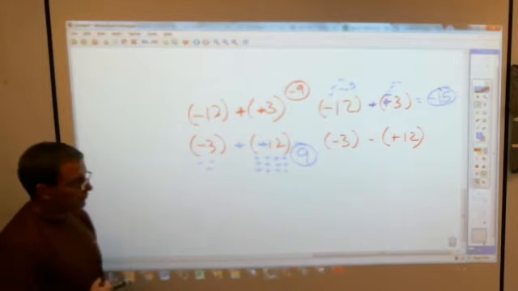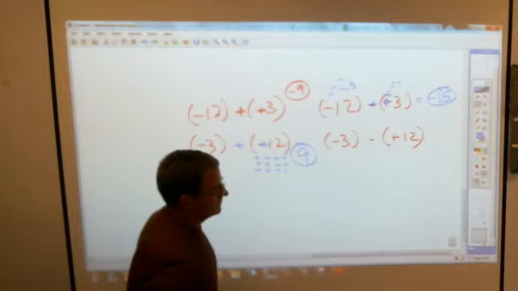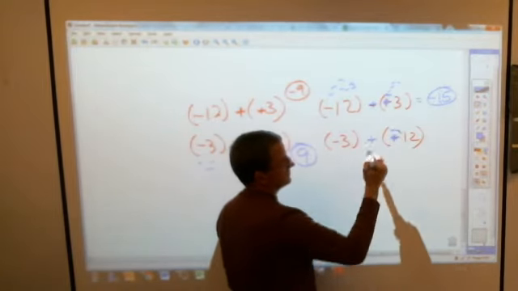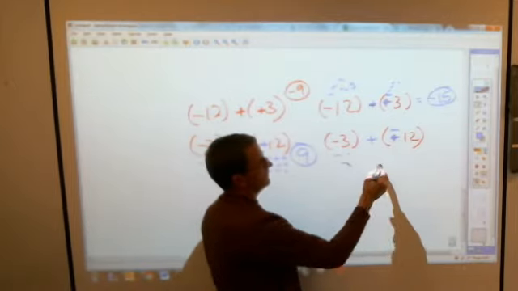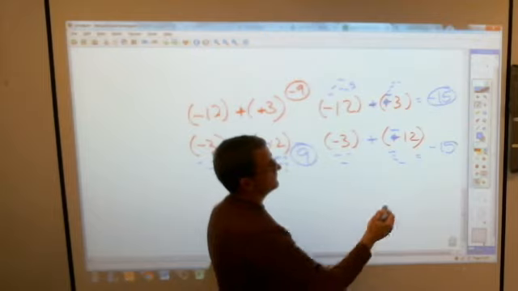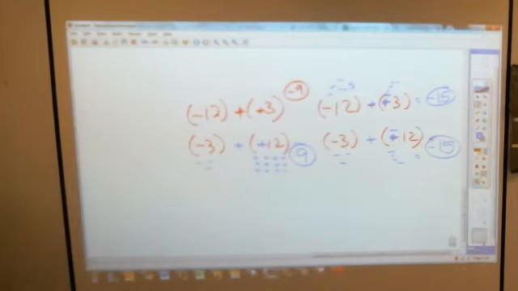And the last one, Joseph says negative 15. Did you change this to a plus and make this a minus? Yes. 3 negatives and 12 more negatives is negative 15. Are we okay with that?